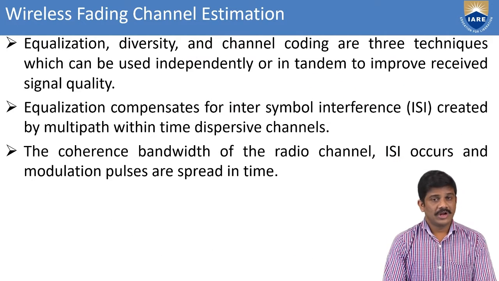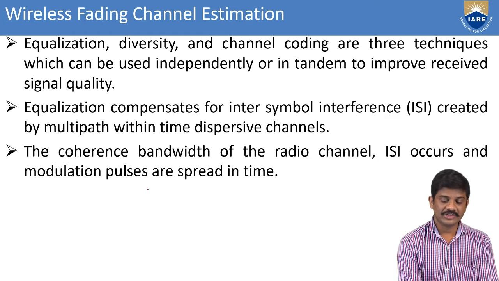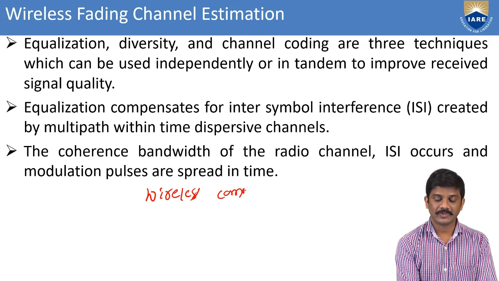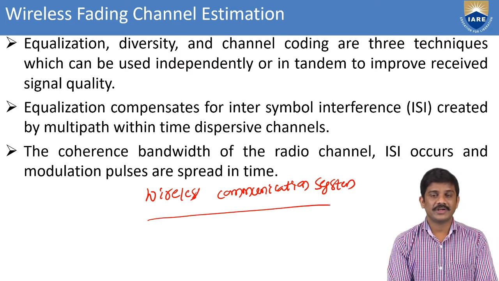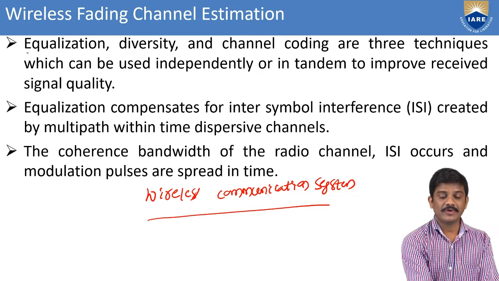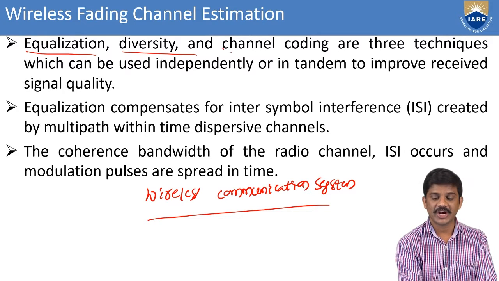Okay, coming to wireless communication, wireless communication network, wireless communication system. What will happen here? In the wireless communication system, we have different factors. What are those? Equalization, diversity, and channel coding.